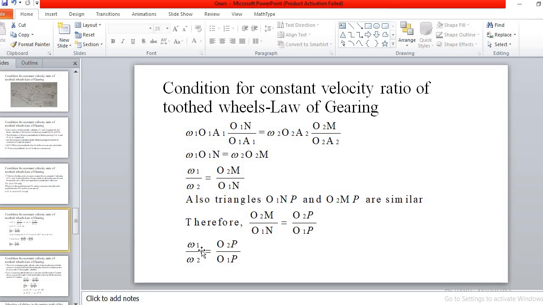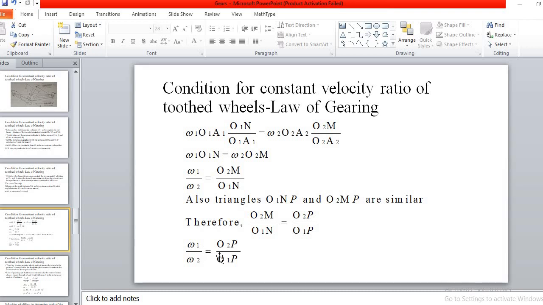So omega 1 is related to O1P, omega 2 is related to O2P, but in this equation they come as an inverse proportion.